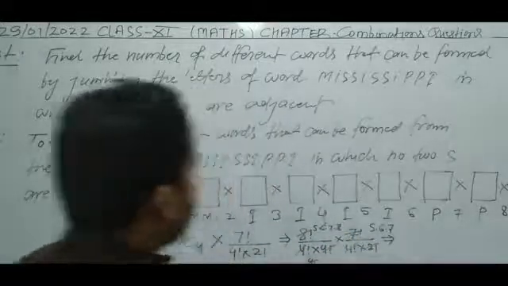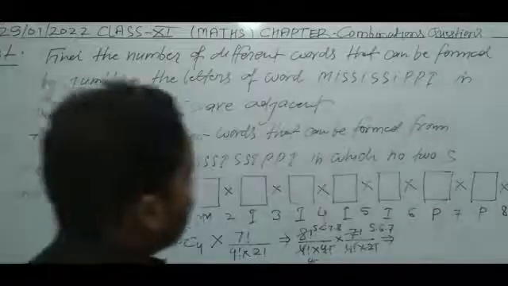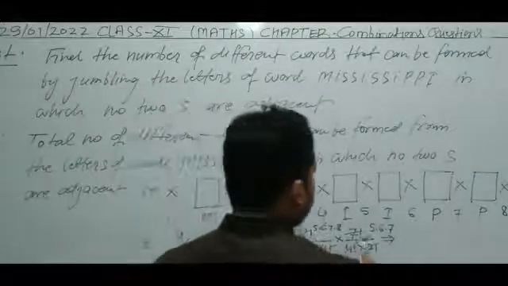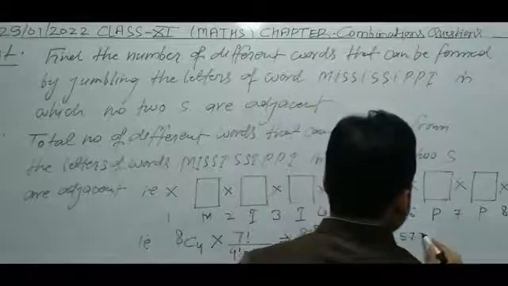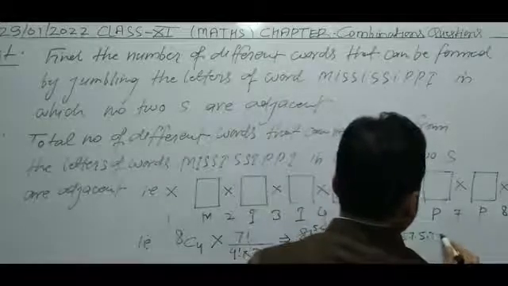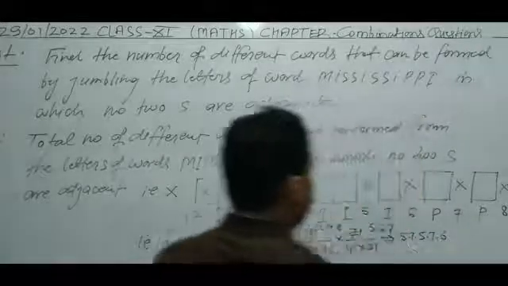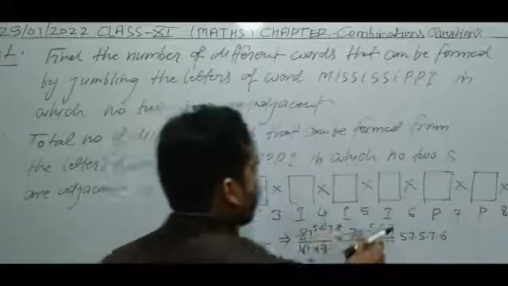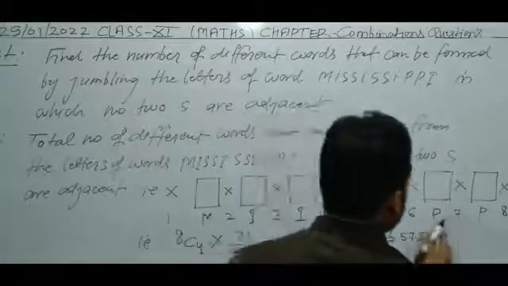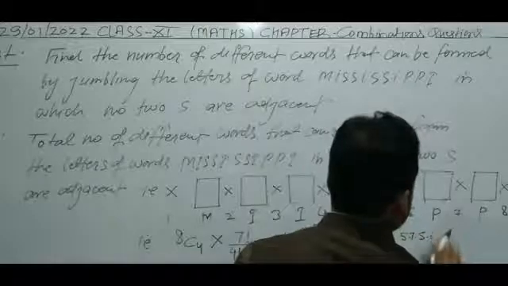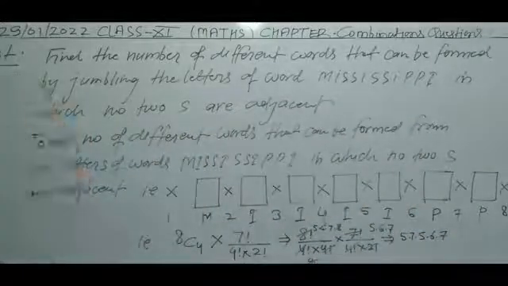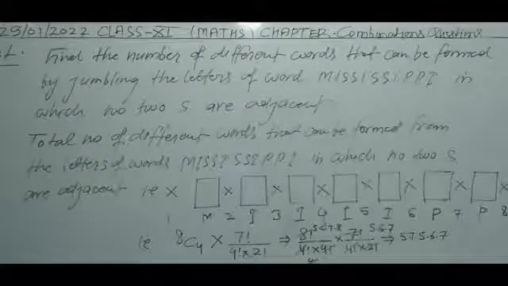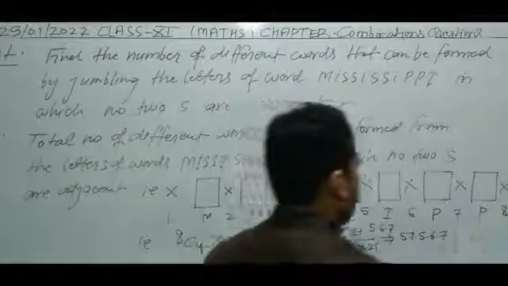So the number is 5 into 6 into 7, not 576. So this result will be 49 into 150.